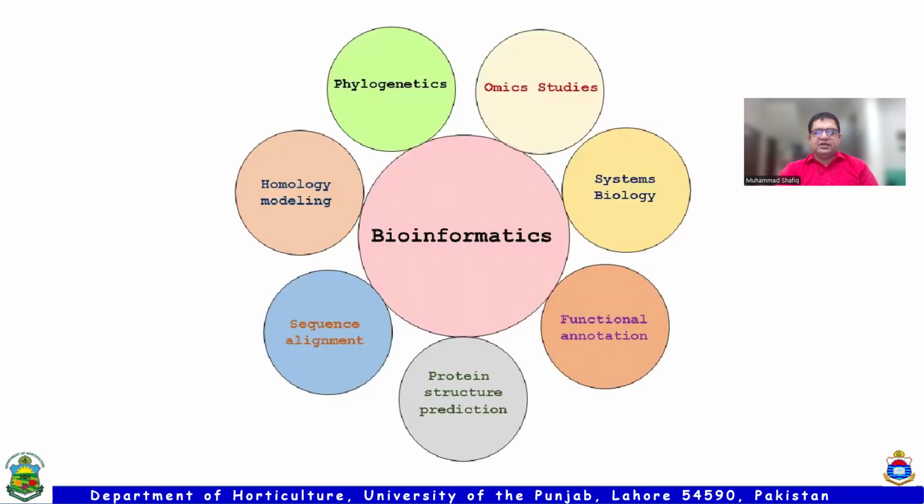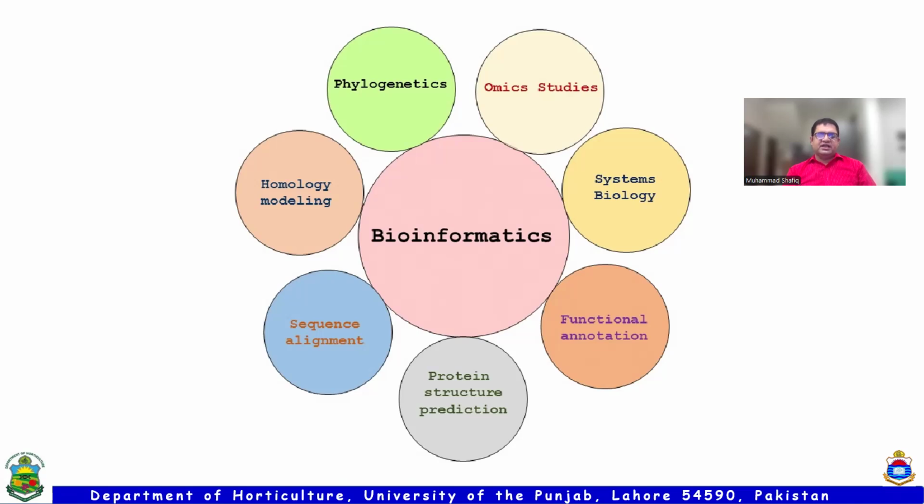First of all, I will tell you about what is bioinformatics. Bioinformatics is a new branch of science that integrates plant biology, microbiology, zoology with computer science, and also in bioinformatics we actually study data science in bio.